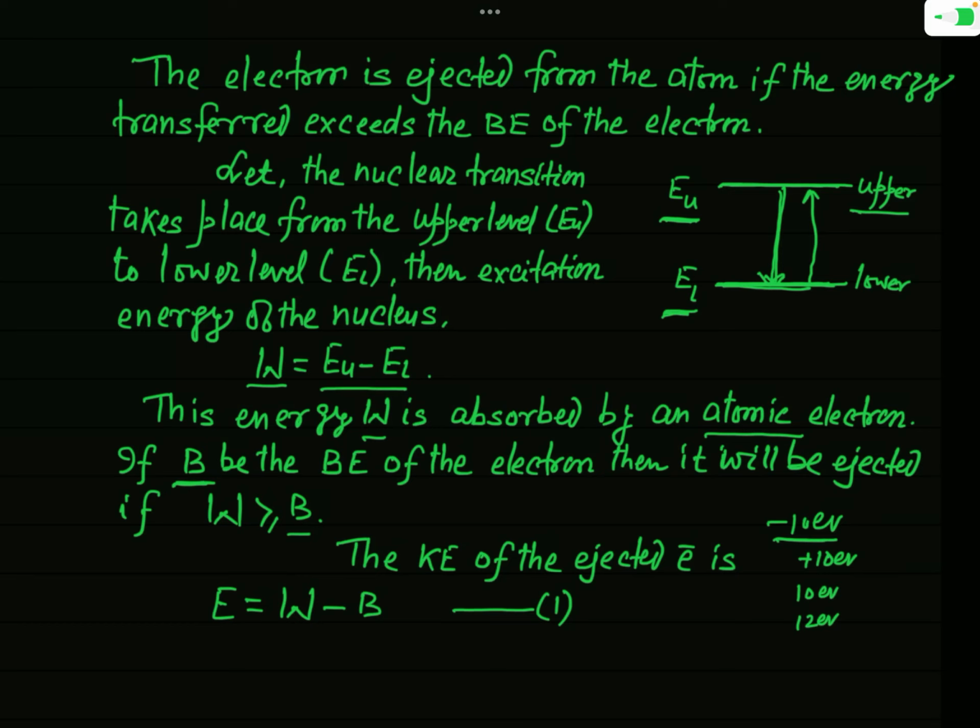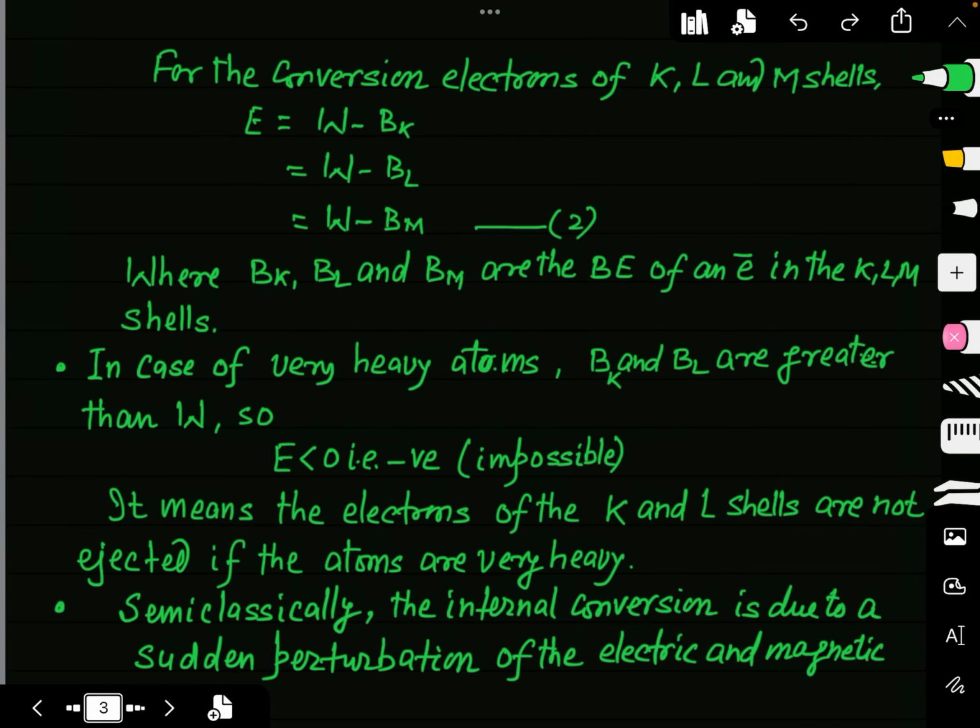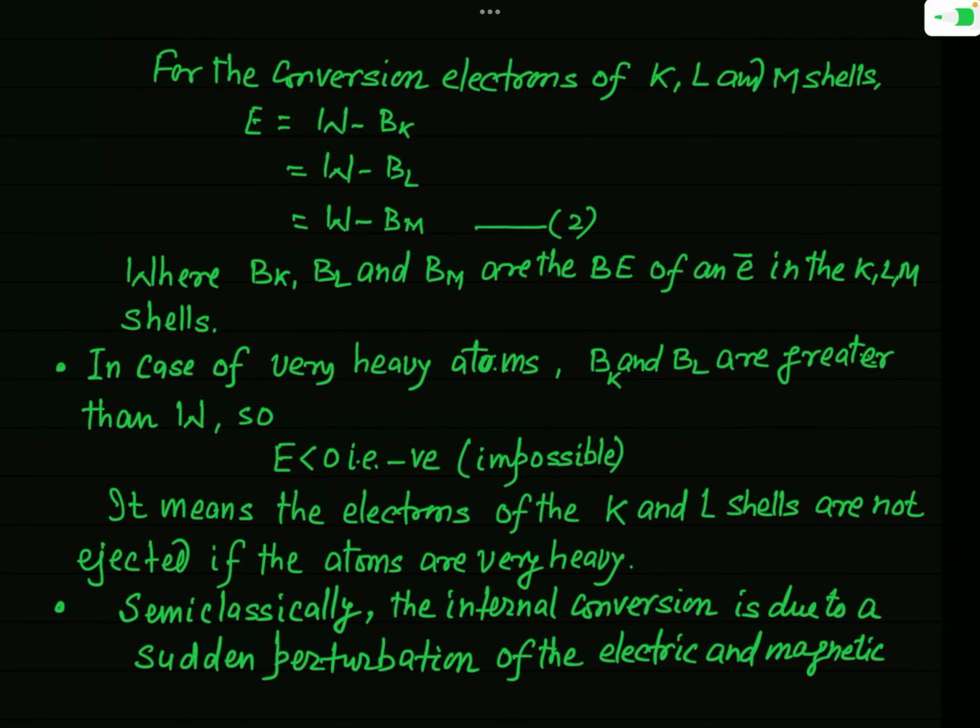So we simply say that the kinetic energy of the ejected electron E is equal to W minus B. Now you know that the value of this binding energy B will depend on the cell in which the electron was present before absorbing this energy. So corresponding to different atomic cells, this kinetic energy will be different.